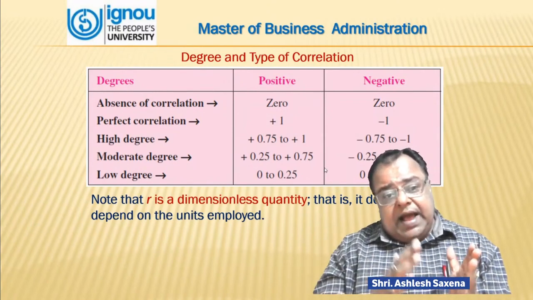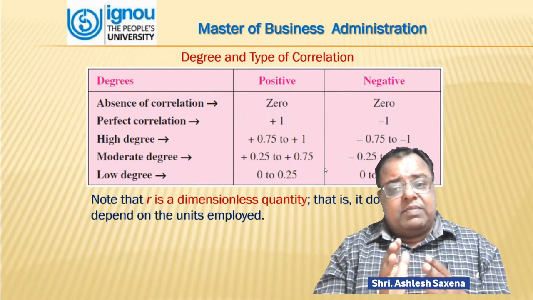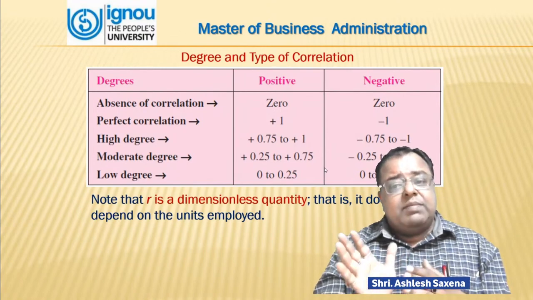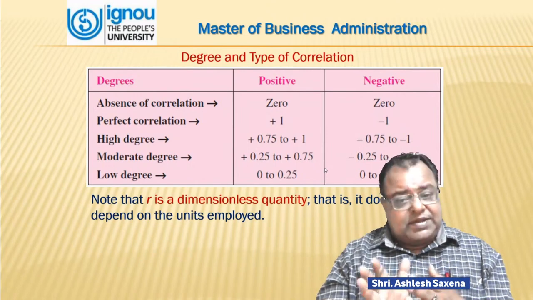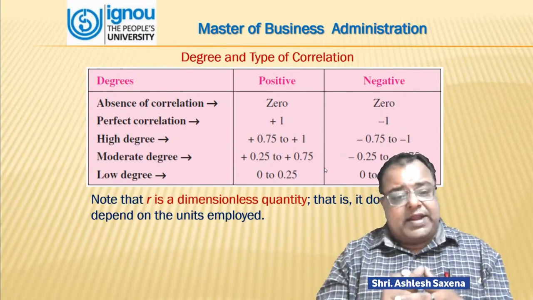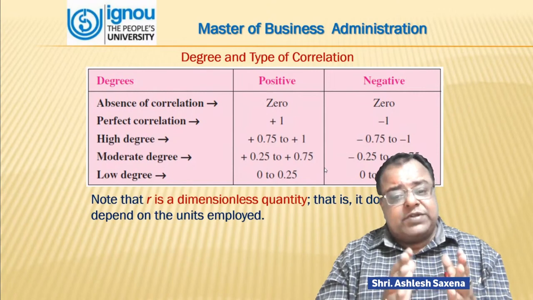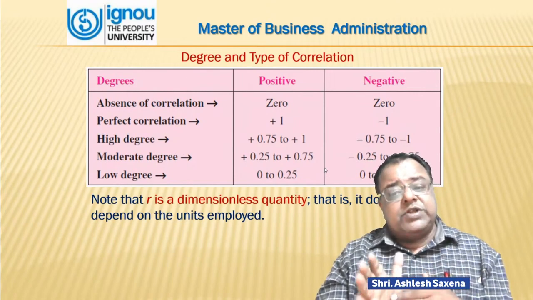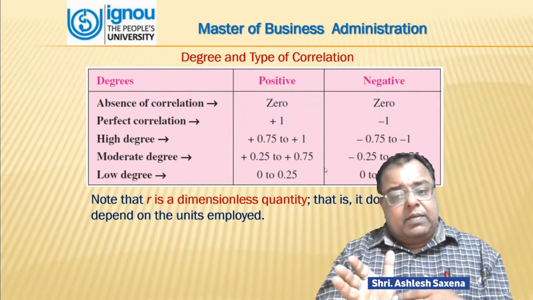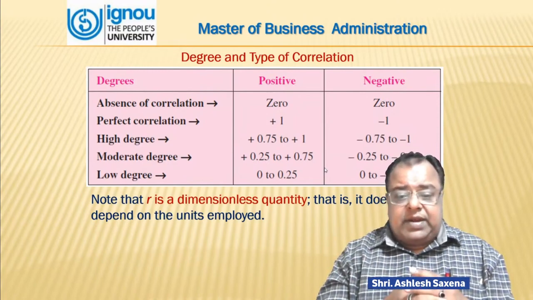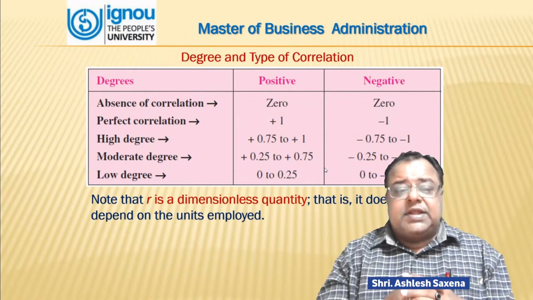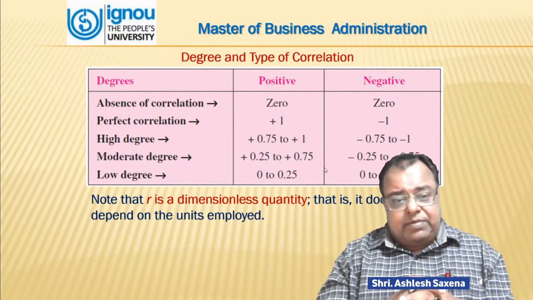And high degree of negative correlation is from minus 0.75 to minus 1. Moderate degree is plus 0.25 to plus 0.75, and similarly for negative. And for low degree, it is from 0 to 0.25 and from 0 to minus 0.25. Note that r is a dimensionless quantity and this does not depend on the unit employed.